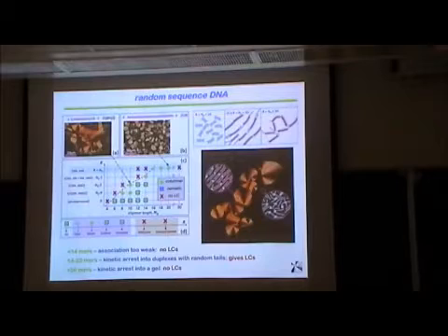Okay, let me just finish with this. It leads in many directions, but one experiment that we thought would be interesting would be to make random sequence DNA.